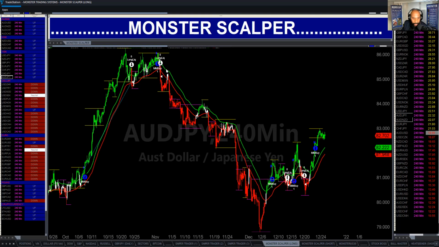The red moving average over here is for your sellers. So this is the markup phase, markdown phase. Your red candle is on the right side of your road, this moving average right here. You guys see that?